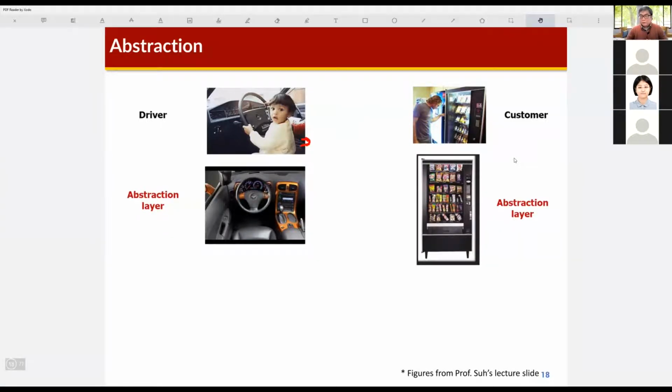But we need to know the minimal knowledge between the upper layer and lower layer. So what is this knowledge? For the car system, the required knowledge is how to use the handle, pedals, and gears. For the vending machine, the required knowledge is pushing buttons or inserting credit cards.